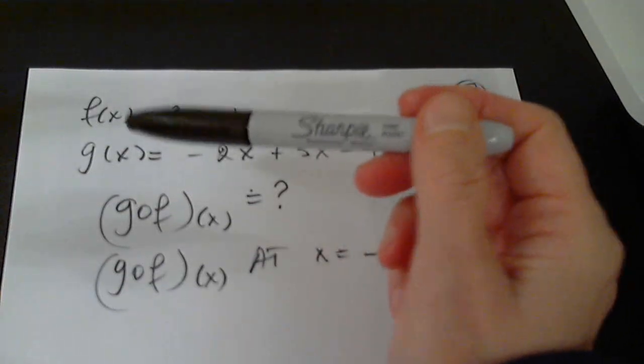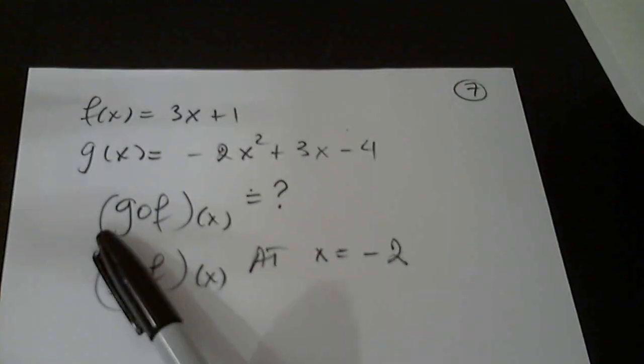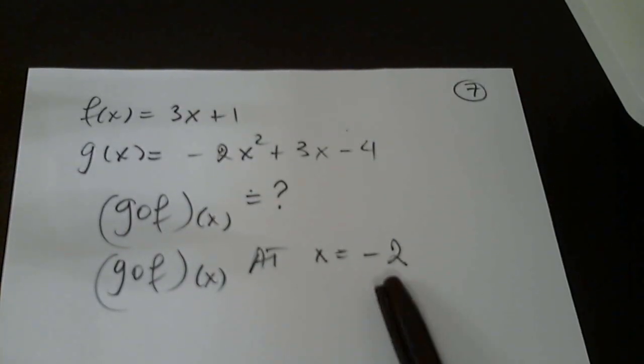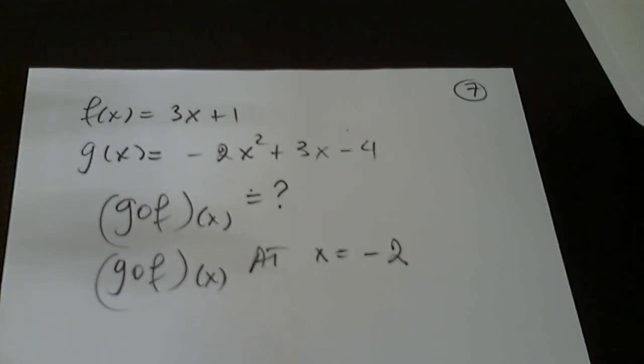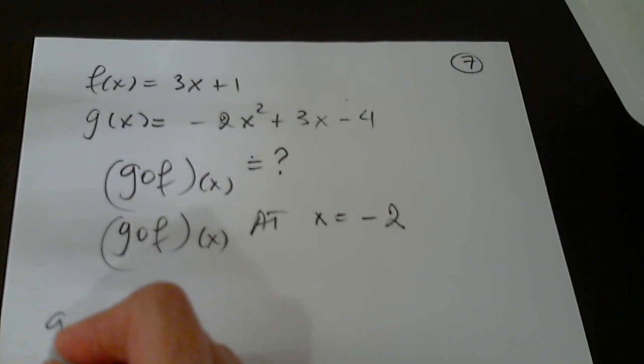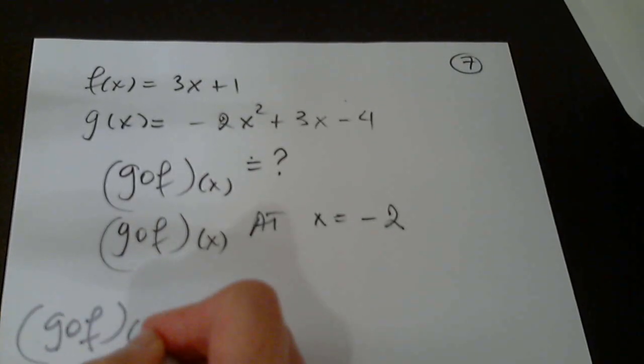We picked an f and a g, and we're asked to find g comp f of x and then evaluate it when x is -2. How do we start working on this? What do I have to write? Remember, I have to start with the definition, g comp f of x.